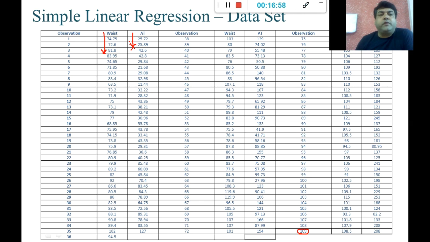So what we have to do over here is simply check whether this input variable has any relationship, any correlation, with my output variable AT, adipose tissue. Now we have understood the business problem in detail, right?